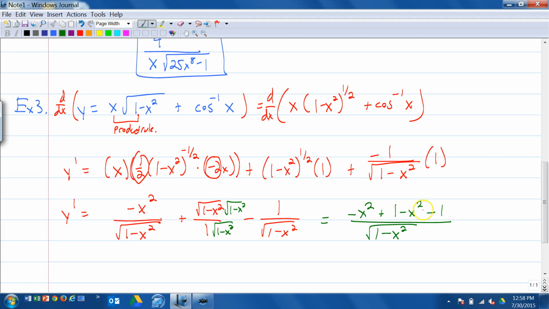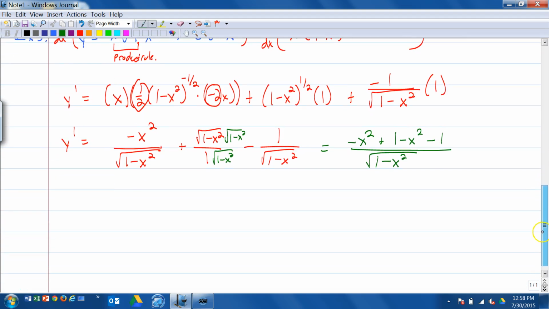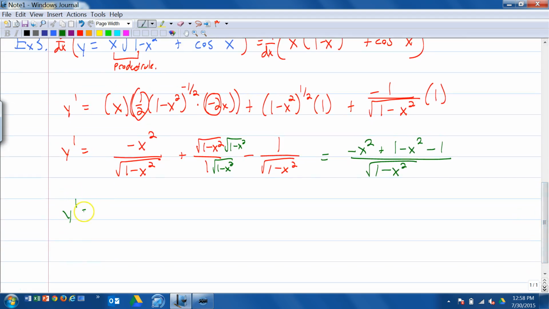And if you notice, the negative x squareds become negative 2x squared, the 1's cancel, so the final derivative with simplifying is y prime is equal to negative 2x squared over the square root of 1 minus x squared. And that's just some algebra to get it into one fraction.